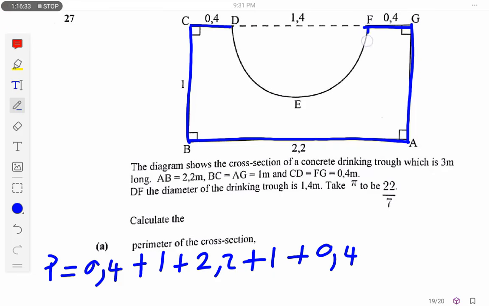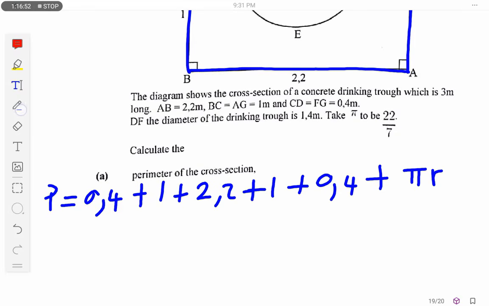Then lastly, this thing here, that's the one that we want. So for that one, it's pi r, and our r is half of 1.4 there, which is 0.7.